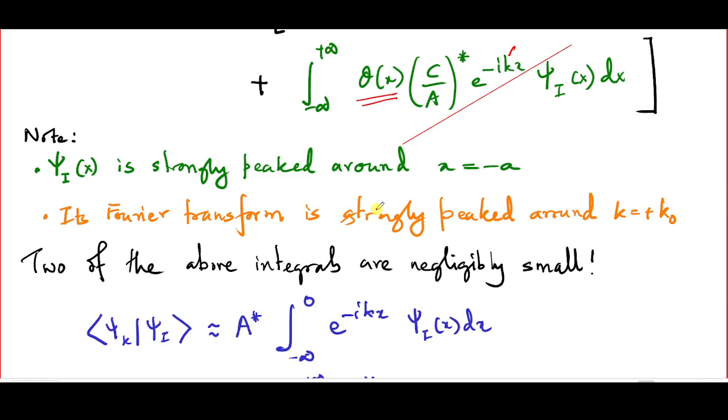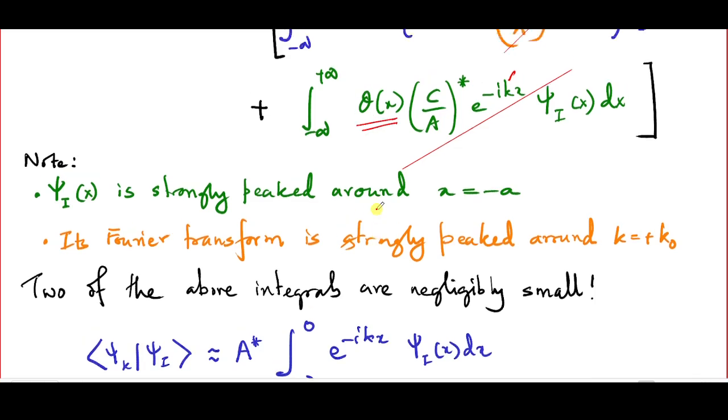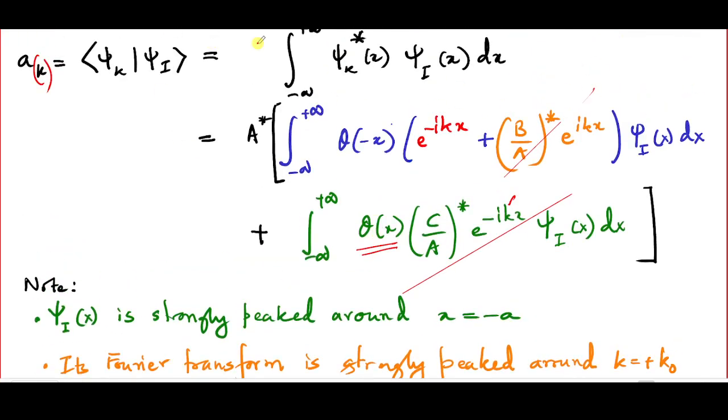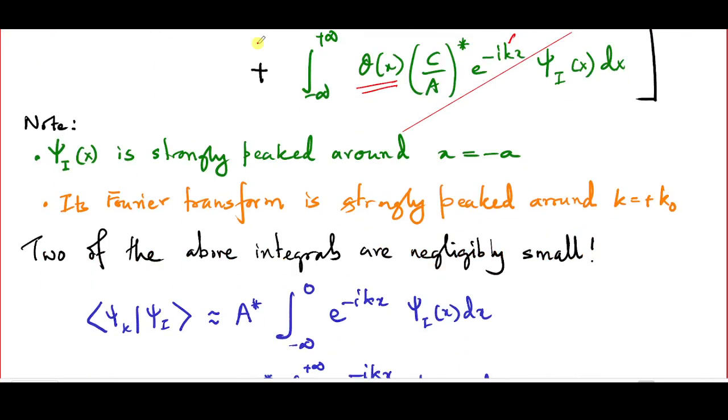Because of the theta minus x, the integral will actually be from minus infinity to 0. You have the A star outside, e to the minus ikx psi I x dx. Now, we do know what the integral would have been if it had been from minus infinity to plus infinity. That is exactly the Fourier space wave function or Fourier transform of psi I x.